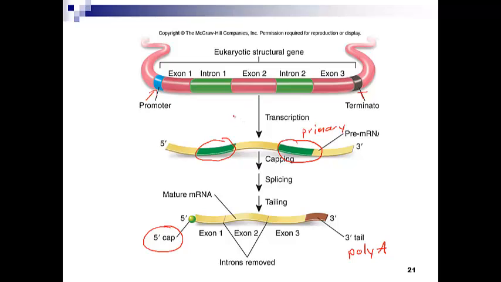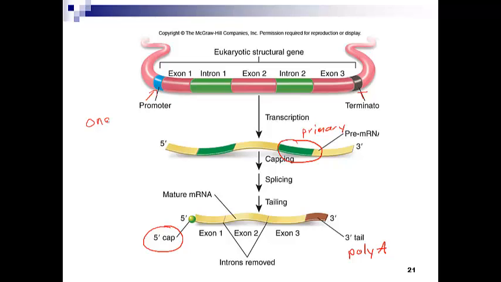But what would happen in another cell type if only this intron is removed? Well, now if you think about that, that mature RNA is going to look very different and have different coding regions, ultimately producing a different type of protein. So by alternatively processing or alternatively splicing the primary transcript, we can have many different combinations.